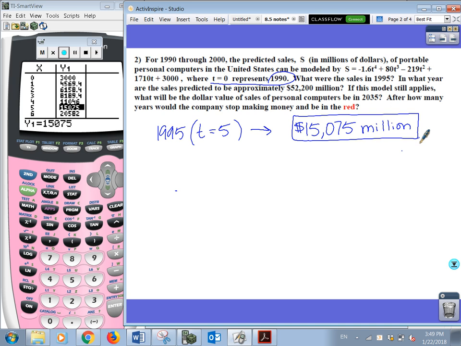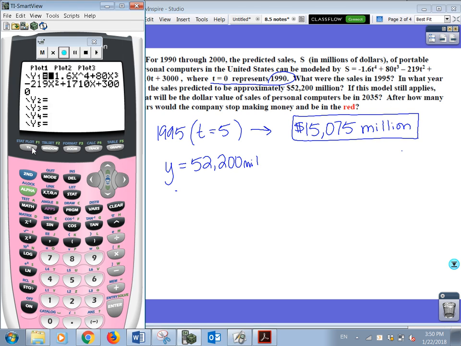The next question, in what year are the sales to be 52,200 million? So now it's telling you y equals 52,200 million. Since the equation is in millions of dollars, we don't have to put in 52,200 million, we can just put in 52,200. So we want to know in what year or years were the sales 52,200.